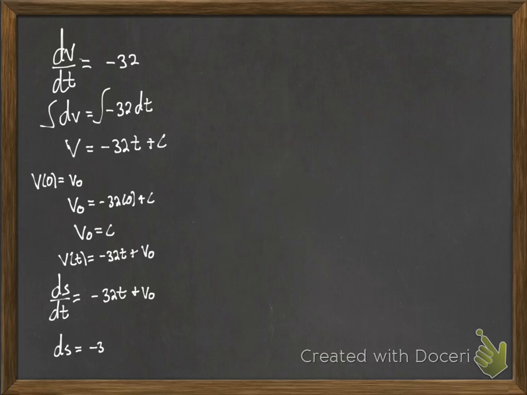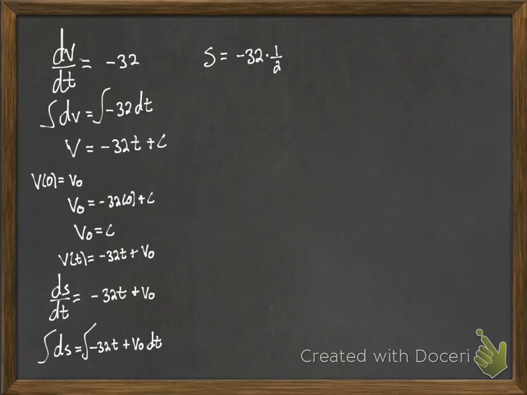Once again, move the dt over. Now technically I should have that negative 32t plus v0 in parentheses. Typically people don't write that out. We just get lazy and a little sloppy there. So we integrate both sides. The integral of ds is s.